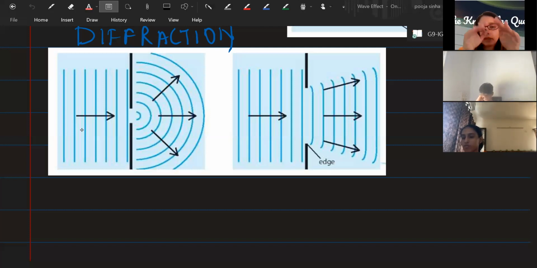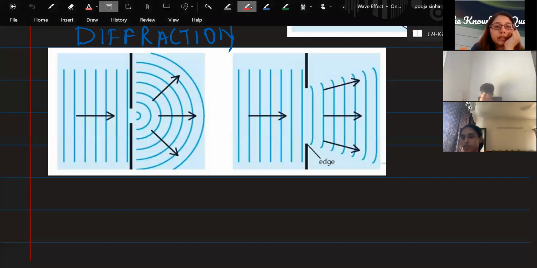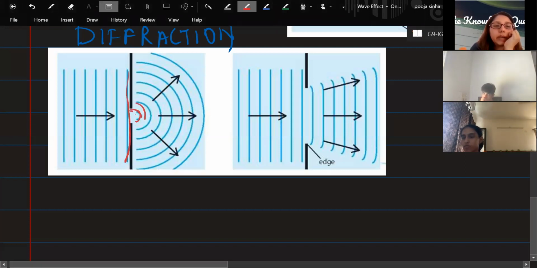They make a round shape and they're bending. As they're coming out, they spread. If you can actually see this, this is what I'm talking about. Here there's a gap. Till here they were straight. After that, when they're coming out, they're bending, right? This is what is bending. But as they're moving ahead, they're spreading out. The bend is still there, but they're spreading out.